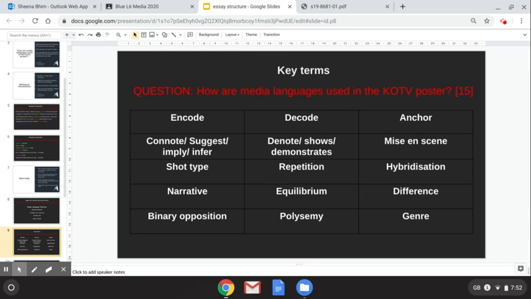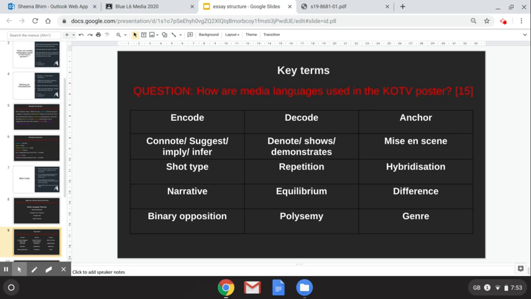In terms of key terms, you obviously have to use the term media languages. You could use camera work, shot type. We also have these terms here. So I've put 15 key terms, so one term per mark. Why not? Encode, decode, anchor, connote, denote, mise en scène.